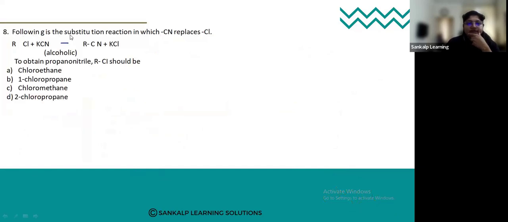Following is the substitution reaction in which CN minus, that is the cyano group, replaces Cl minus. RCl plus KCN, in alcoholic form, gives you RCN plus KCl.